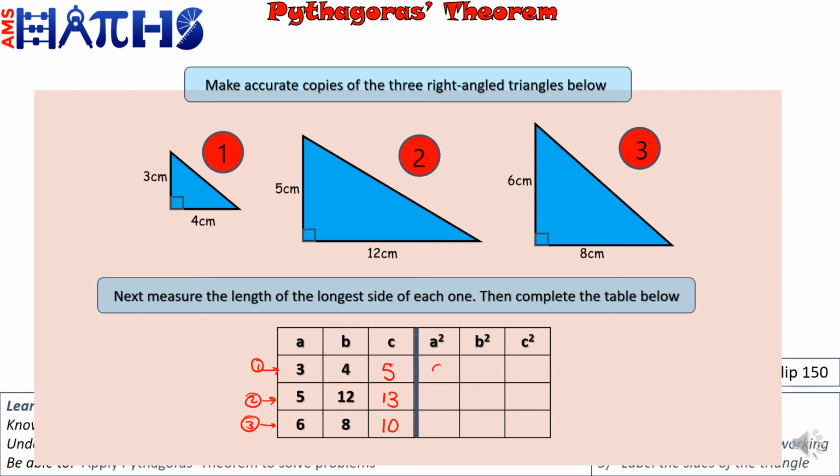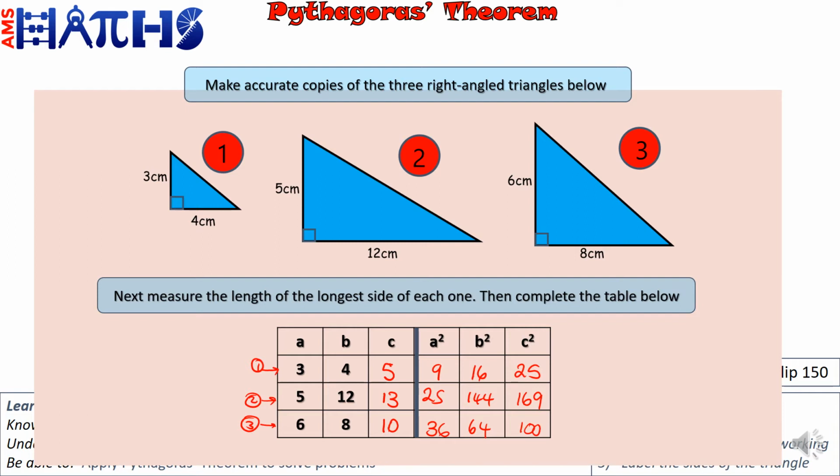So you'd get 9 here, you get 16 here, you get 25. Okay, then 5 squared is 25, and 12 squared is 144. Okay, and then you get 169 here from 13 squared. Then you'll have 6 squared is 36, 8 squared is 64, and 10 squared is 100.